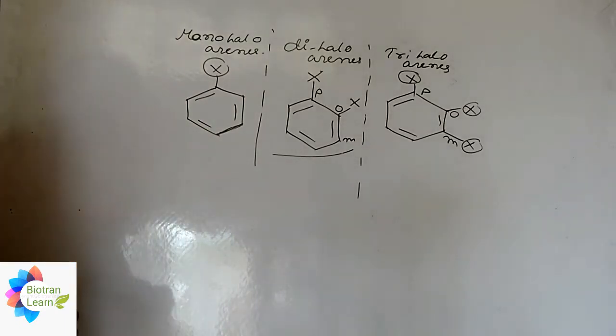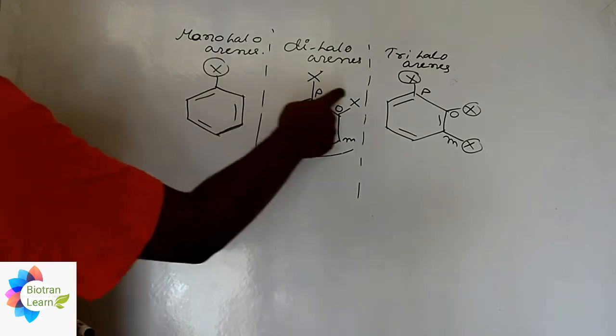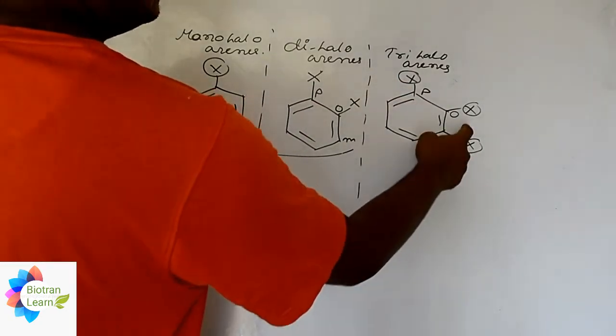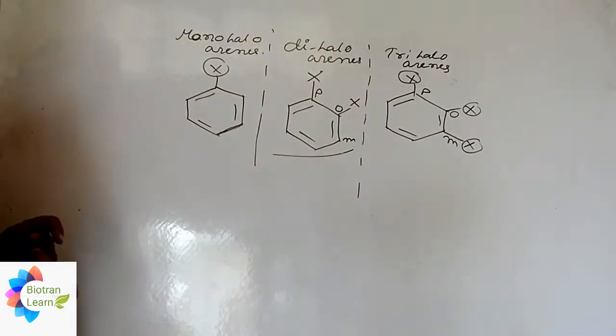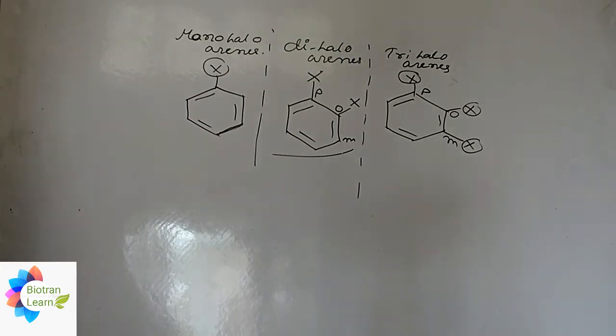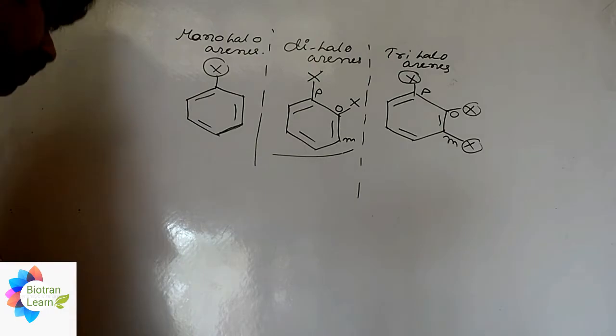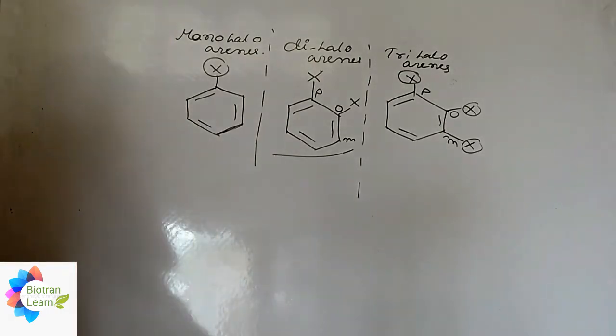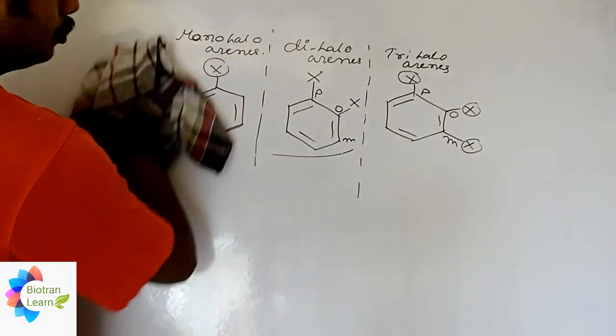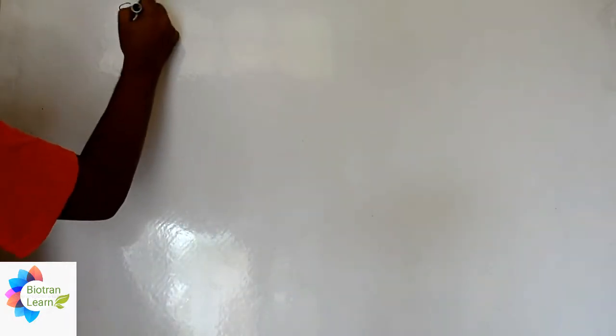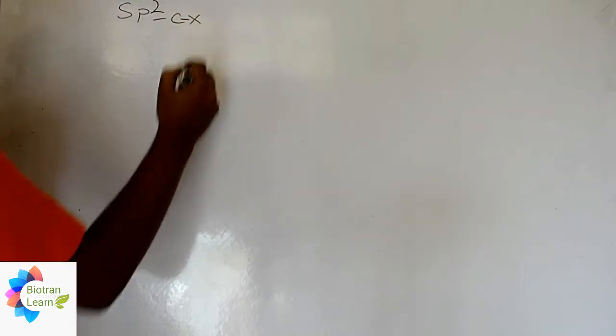So depending on the number of halogens, we have seen that they could be mono, di or trihaloalkanes or haloarenes, right? Now we will be moving towards the next classification, that is what I have told you, sp3 C-X, right?